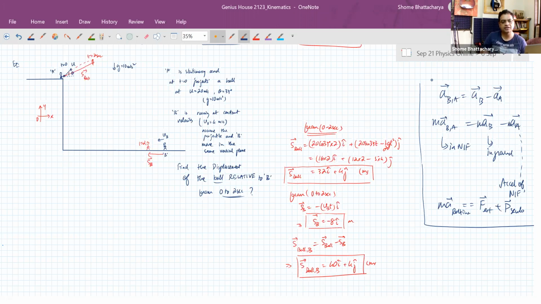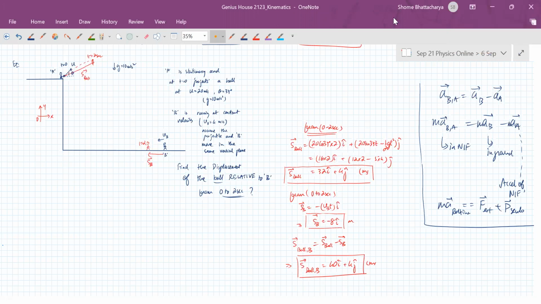But what is the logical explanation of it from the laws of physics point of view? It actually comes by application of the relative motion concept. In Resnick-Halliday, if you study that part about the application of pseudo force and the whole concept of non-inertial frame, they've explained it in this manner only, using the relative motion concept.